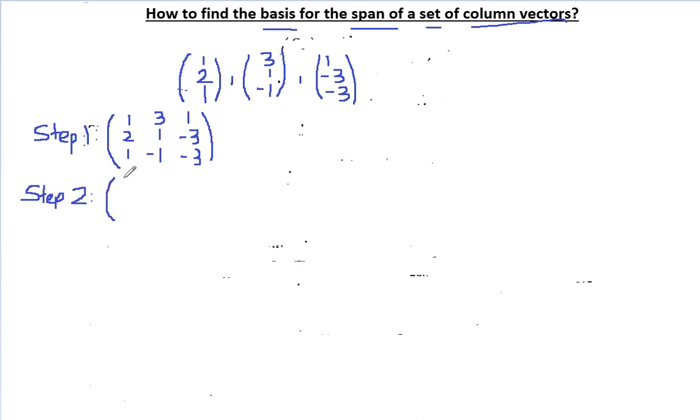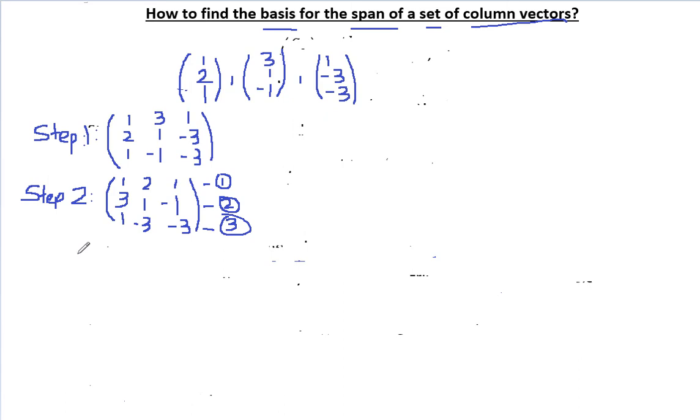So column 1, 2, 1 becomes a row: 1, 2, 1. The second one is 3, 1, minus 1, and the last one is 1, minus 3, minus 3. This is row 1 of the temporarily transposed matrix, and row 2 and row 3.